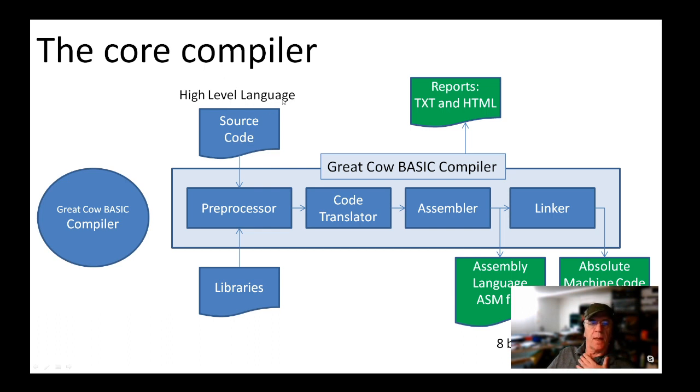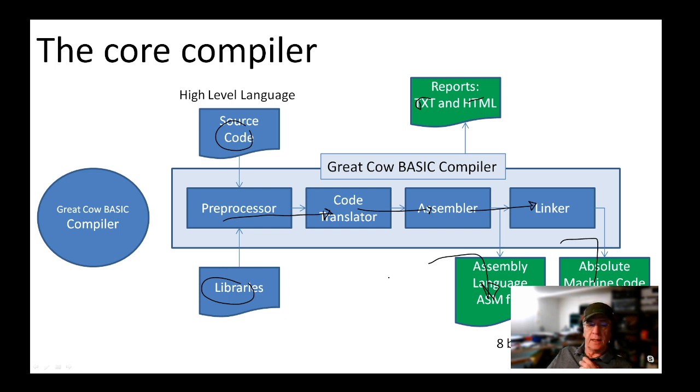We take your high-level source code and libraries, we pre-process, we put it into a code translator, then we assemble it. We produce at that point linker files, text files, and HTML reports, and we output an ASM file. And then if that's how you've set it up, we'll go straight into our internal linker and produce a hex file for you.